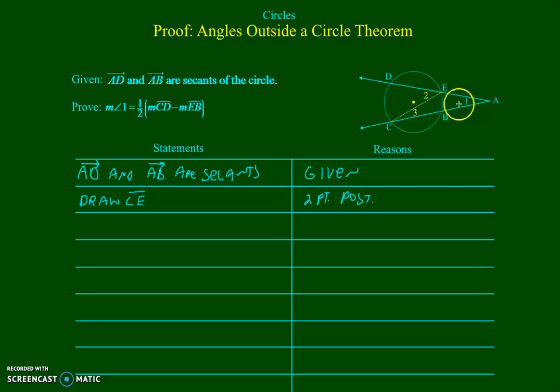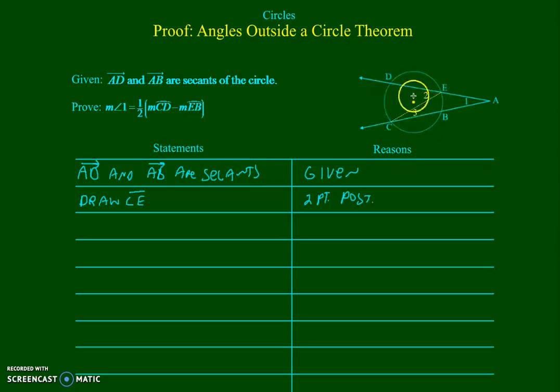And then relate those two arcs together to angle 1 and have my final result. So hopefully that's what you came up with for your plan. Let's go ahead and write the first set of statements. That's going to be angle 2 is 1/2 CD, and angle 3 is 1/2 EB.